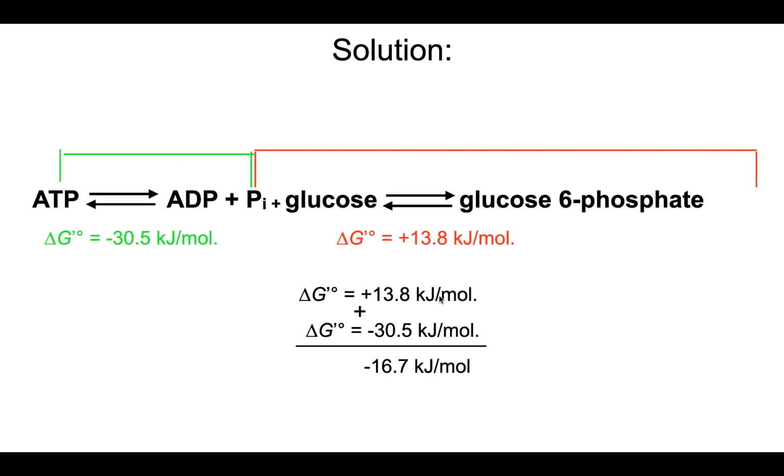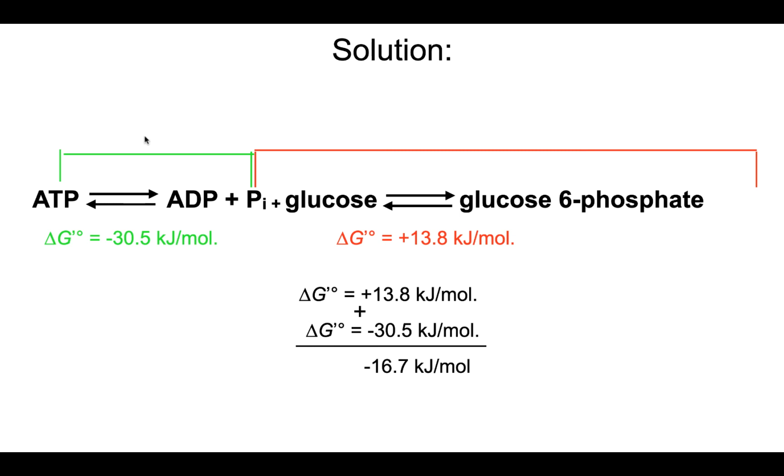Plus 13.8 plus negative 30.5 gives us negative 16.7 kilojoules per mole. And as long as when you add those two delta G's together you get a negative number, that coupled reaction is exergonic and will run in the direction as written. If it gave you a positive number, it would run in the opposite direction as written.